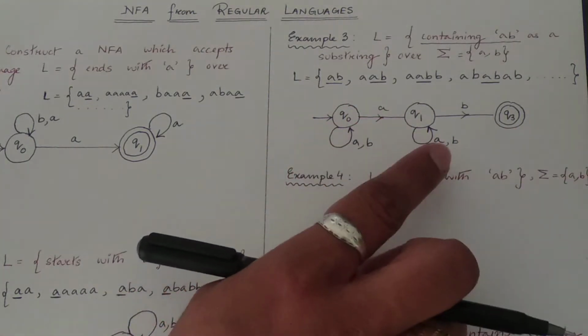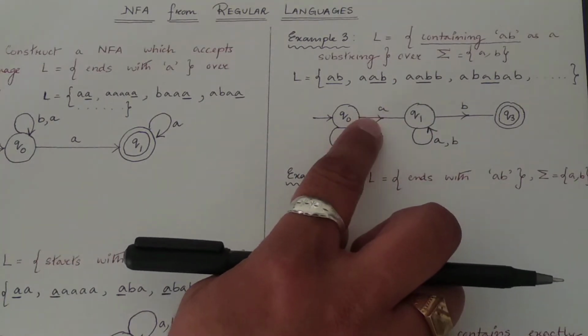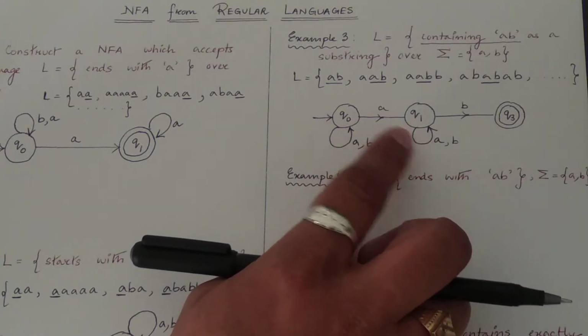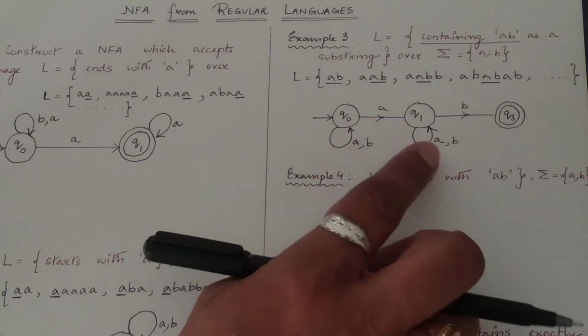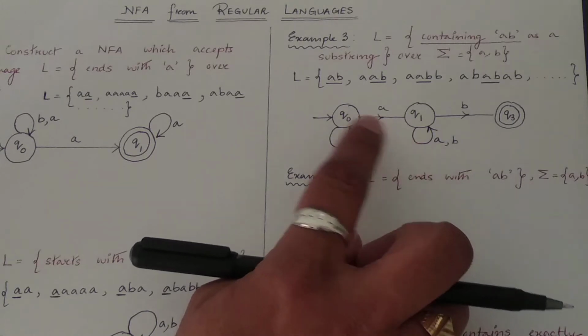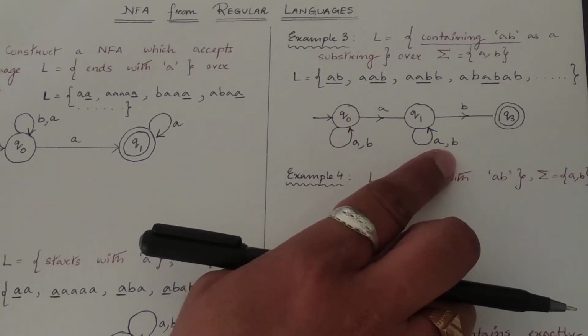If that is accepted, then AB is also possible, because in ABB the initial AB is still contained, so this is also not a big problem. But if you want, you can put this B over here, then it will increase the number of possible strings. That depends on you.